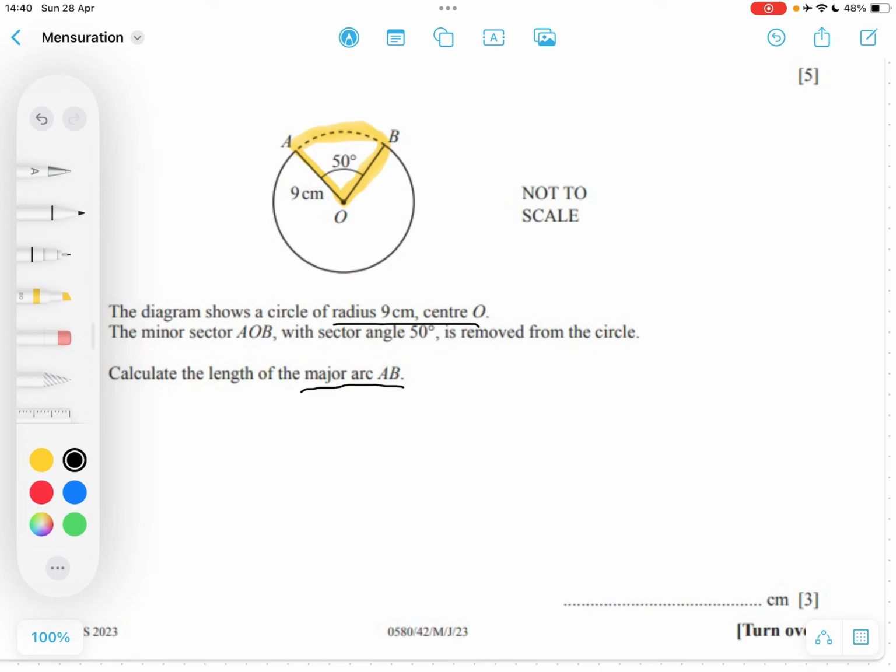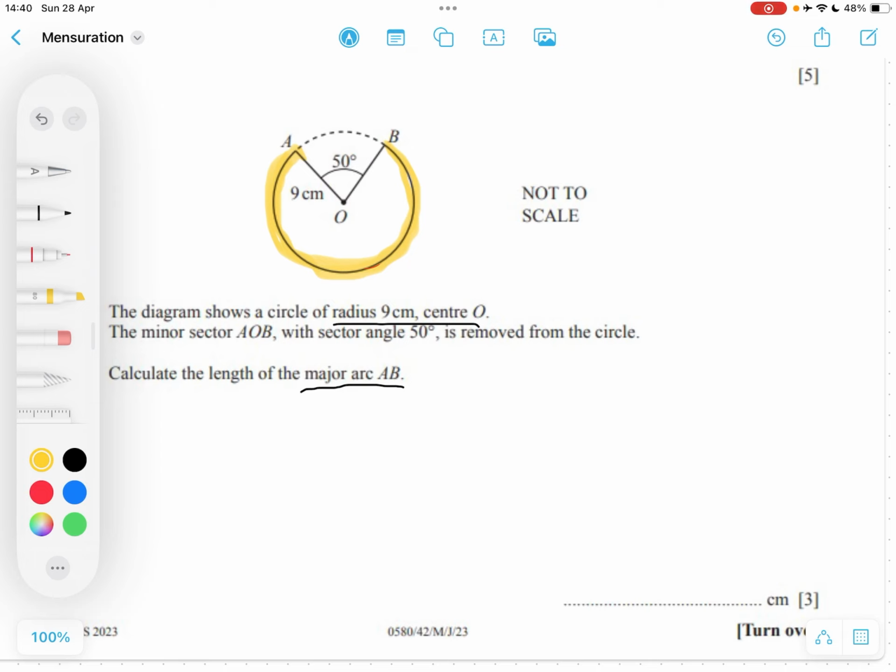So this is terminology we need to know. Major arc. The major arc would describe this part of the graph right here. AB, but the side which is longer, because there are two ways to define AB.